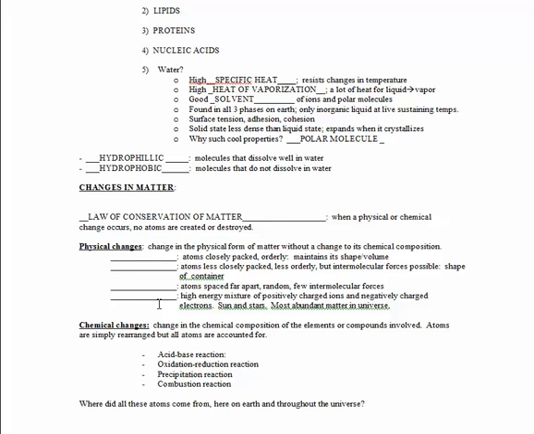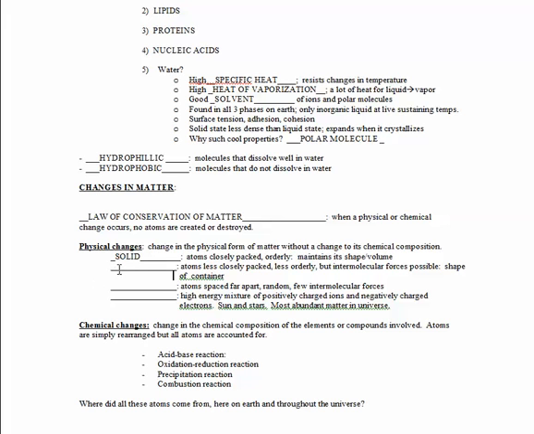Now, getting to physical changes, this is a change in the physical form of the matter, but there's no change to the chemical composition. So we talk about water a lot, which is H2O. Well, H2O can be found in a solid form, in which the atoms are closely packed in a very orderly arrangement.